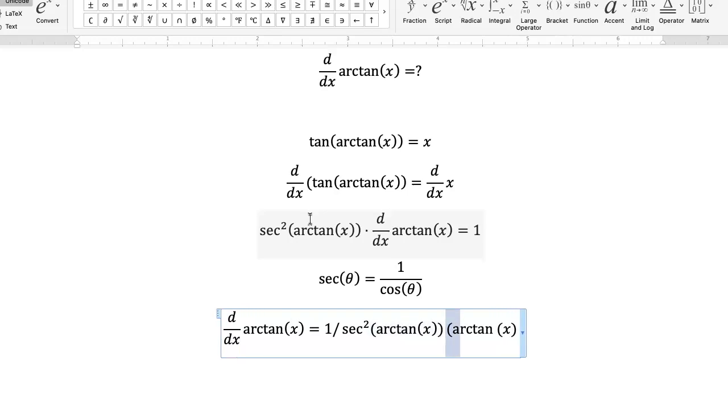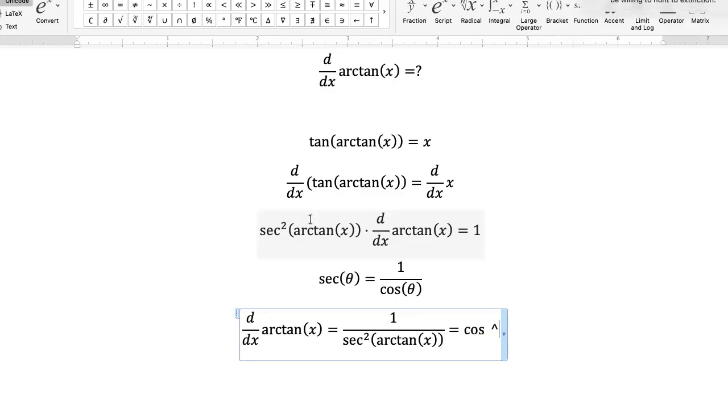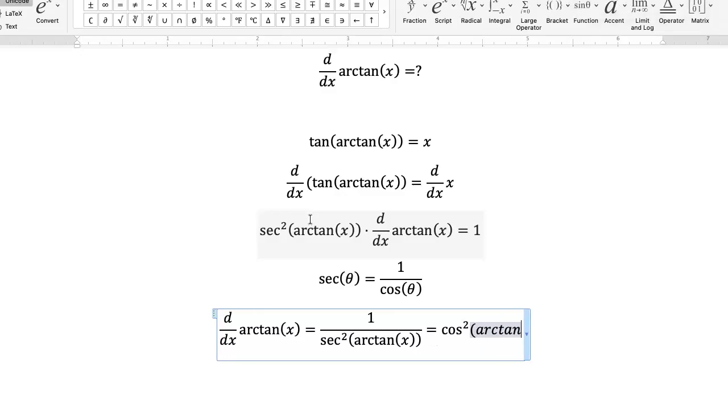Since secant is just 1 over the cosine, this is cosine squared of the arctan of x.